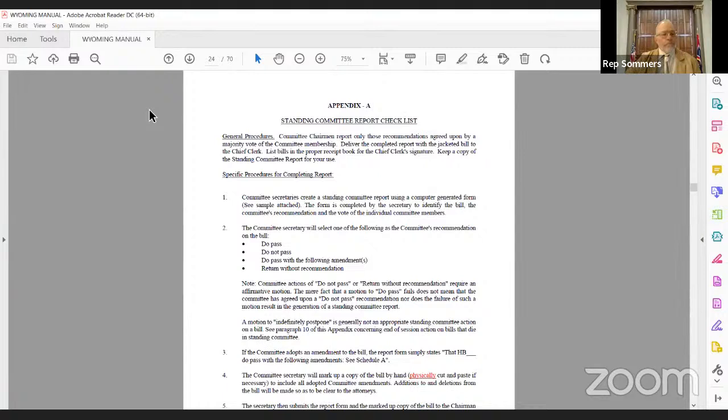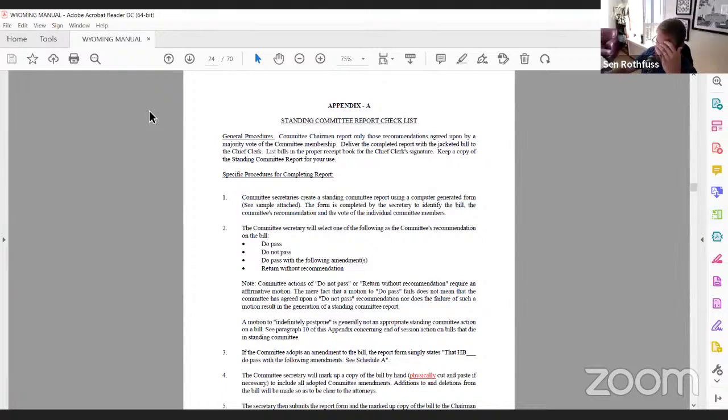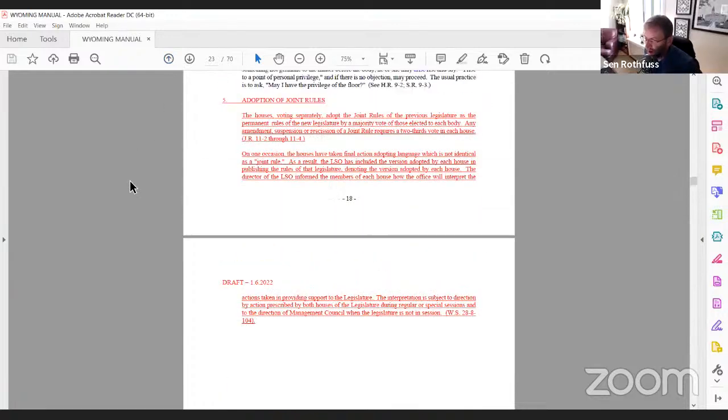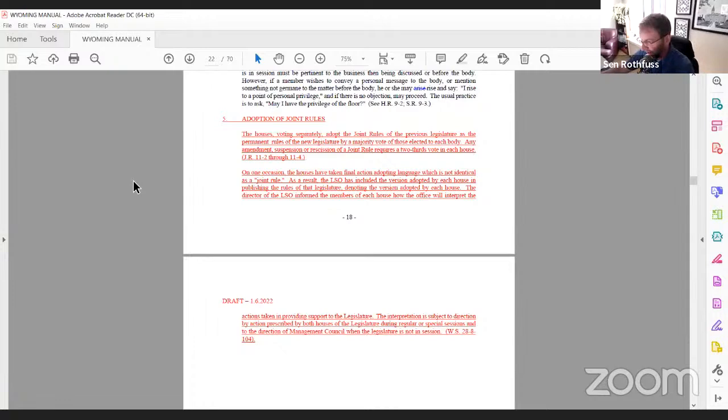Thank you. This is Chris real quick. I have a question on the adoption of joint rules. Senator Rothfuss: Thank you. So we had this come up, and this is how it played out based on the way the rules were structured at the time. But I remember as it was playing out, it might not have been the most elegant approach to how a non-concurrent change to the joint rules would take place.